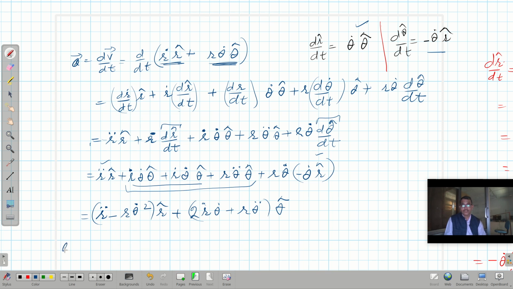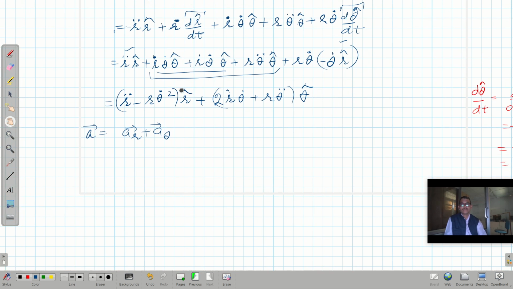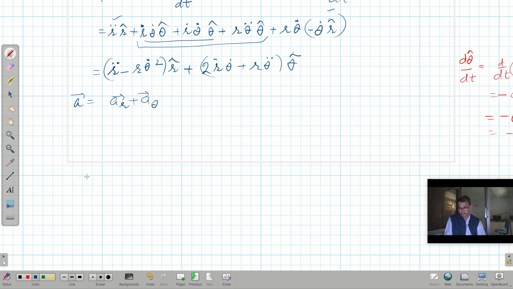Therefore this a can be written as a_r vector plus a_theta vector, where a_r is r double dot minus r theta dot square times r cap, or simply the radial component a_r is r double dot minus r theta dot square.